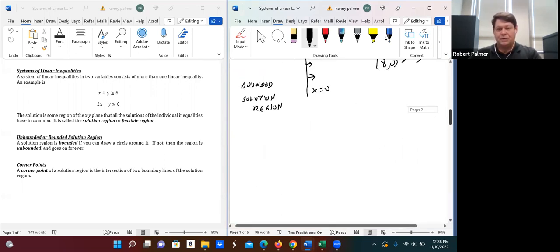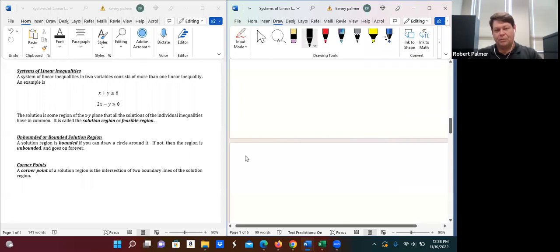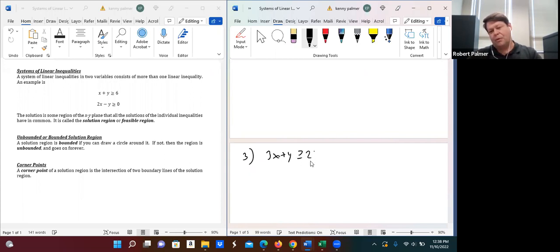Okay, look at the next one, number 3. This time let's do more inequalities. So 3x + y is greater than or equal to 24. x + y is greater than or equal to 16. x + 3y is greater than or equal to 30.